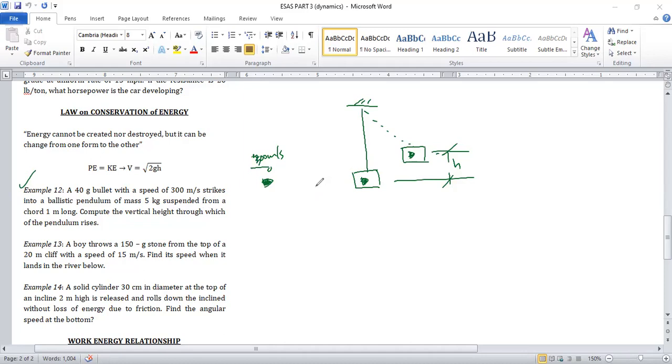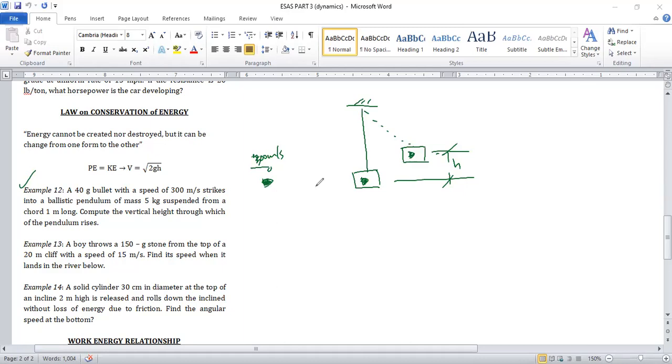So we then say that the kinetic energy possessed by the bullet while in motion was not lost, but it is converted into the equivalent potential energy, which is given by the height attained by the combination of the bullet and the pendulum.